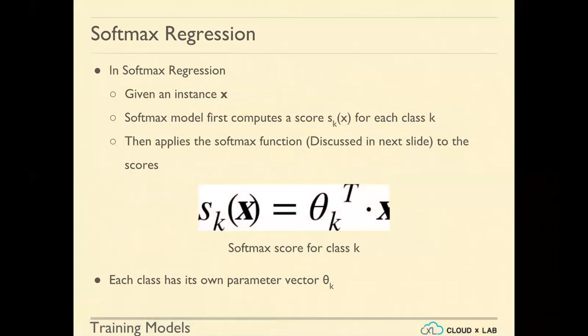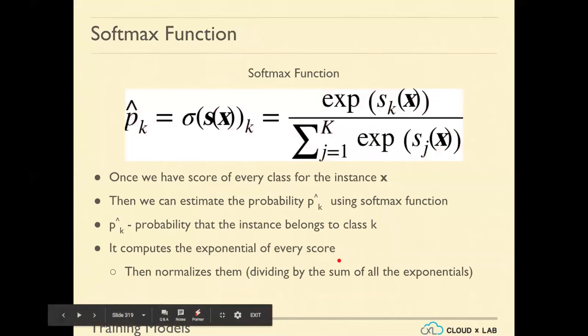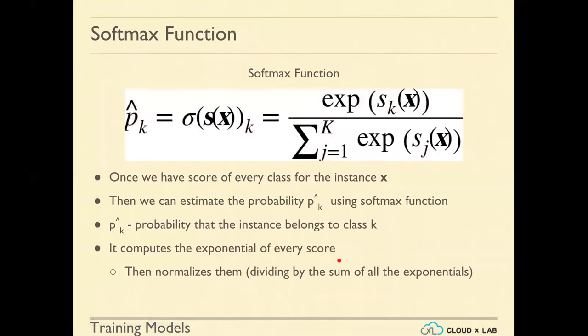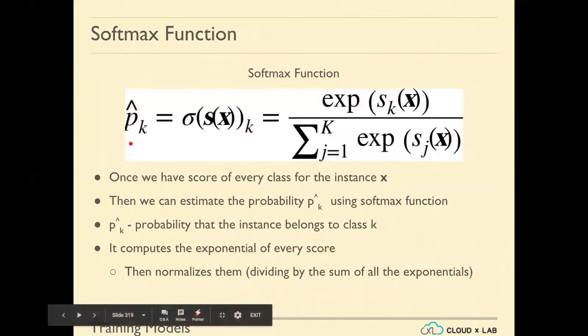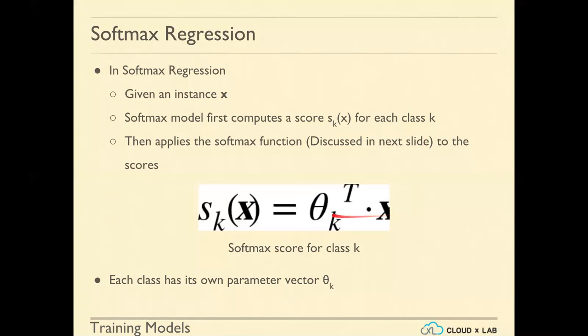Now, coming back to it. The softmax score for class k is this and so on. The overall probability for all the classes is computed like this. For each class k, the probability function is e to the power, the same function we talked about earlier. Let me step back and explain.